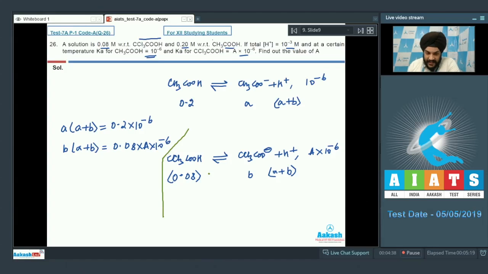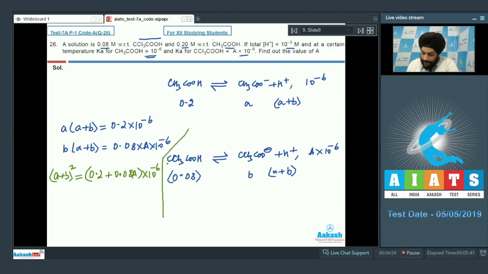If we add both these expressions, we can have A plus B whole square equal to the sum of the C into K values. So 0.2 plus 0.08A into 10 to the power minus 6.